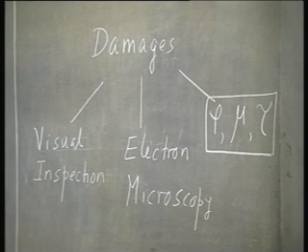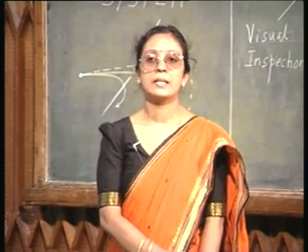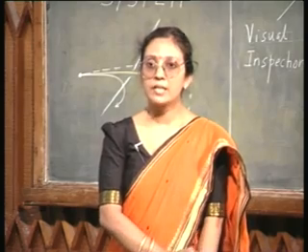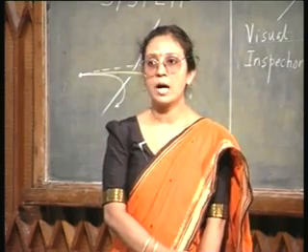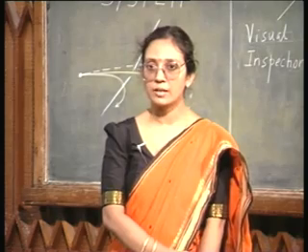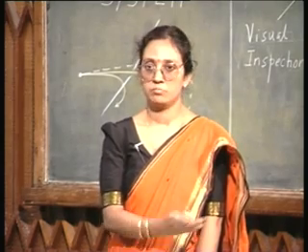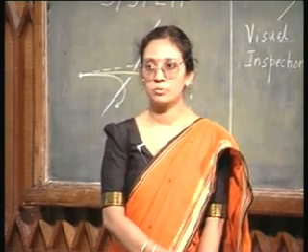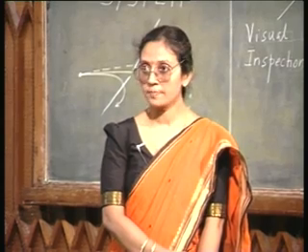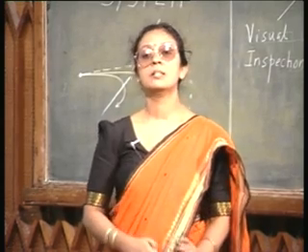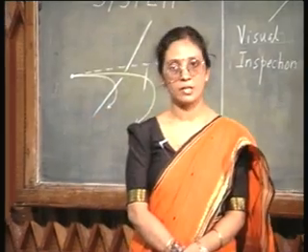This is the only estimation I am interested in, because it is going to reflect directly on the device performance. And I will say that I have rectified the damage only when I can restore these three factors to their expected value, right. Because these are directly concerned with the device performance.